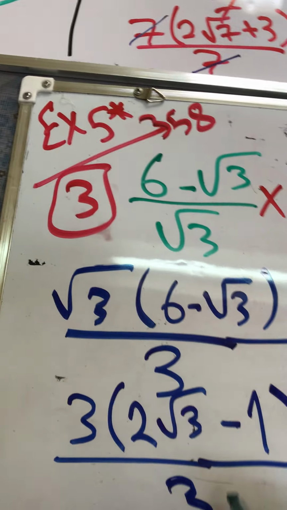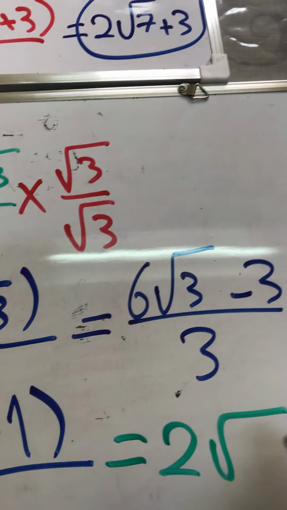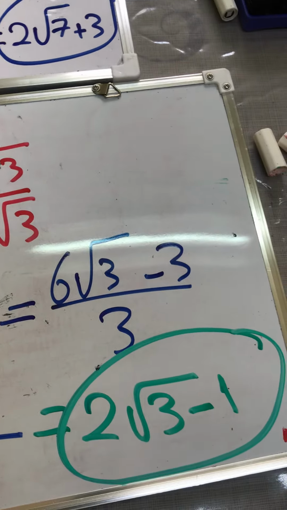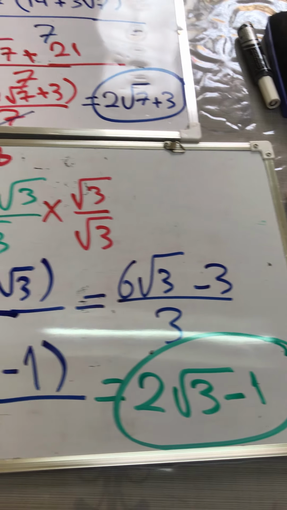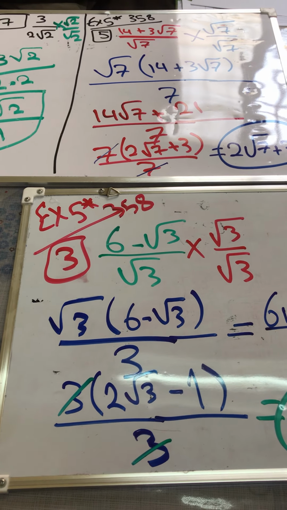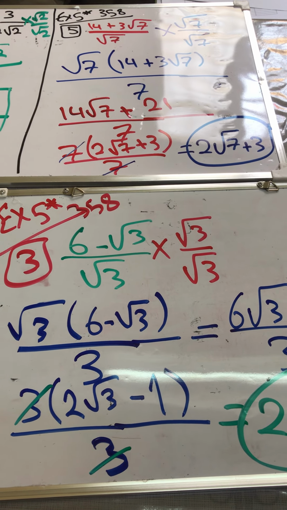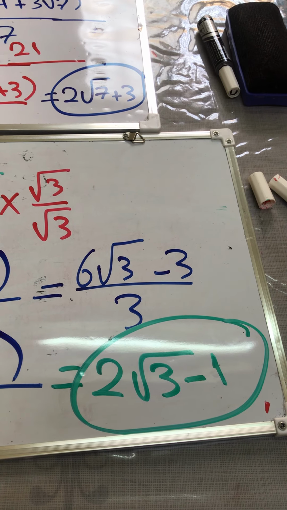Now I can cancel 3 with 3, give me 1. So the answer is 2√3 − 1. Okay, this is exercise 5 star, page 358, number 3. The answer is 2√3 − 1.